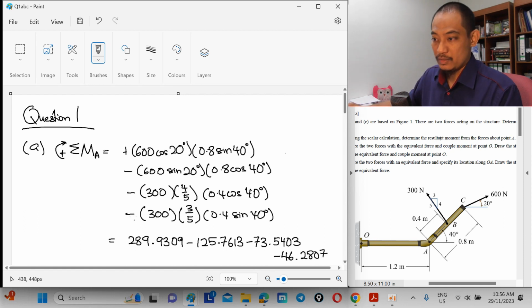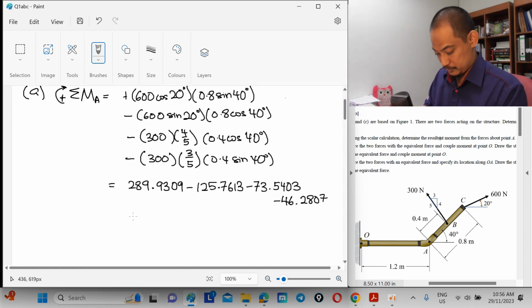And if we calculate this, 289.9309 minus 125.7613 minus 73.5403 minus 46.2807.